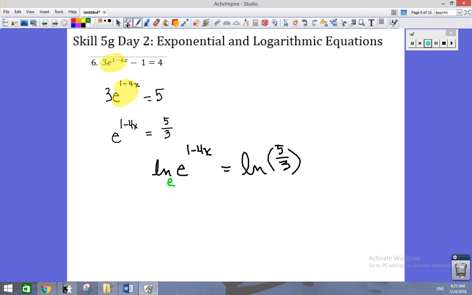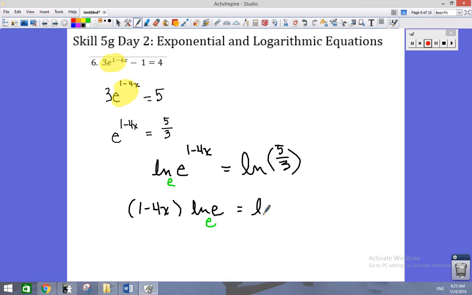If I don't see that, I can use the product rule. I can pull this down as a coefficient, and 1 minus 4x times the natural log of e. And here again you've got a base of e. E to what power is equal to e? E to the first power.